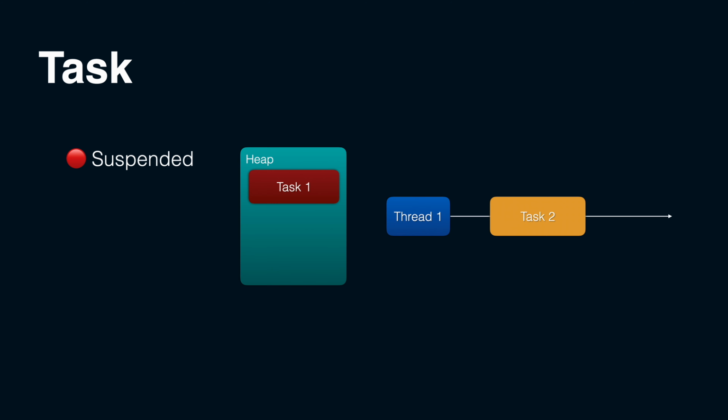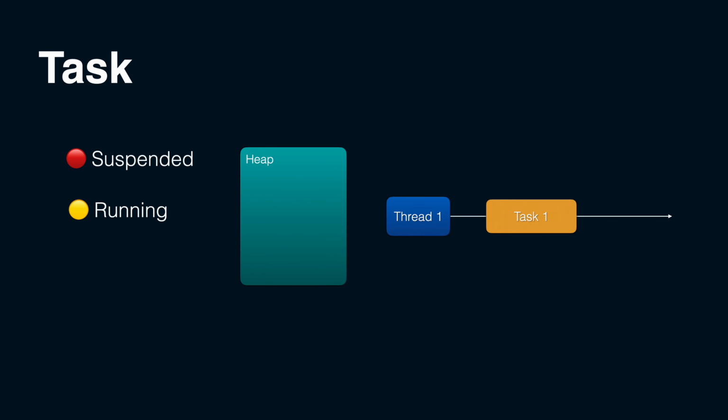A task can be in one of three states. A suspended task has more work to do but is not currently running, the initial state. It may be schedulable, meaning that it's ready to run and is just waiting for the system to instruct a thread to begin executing it. Or it may be waiting on some external event before it can become schedulable. A running task is currently running on a thread.